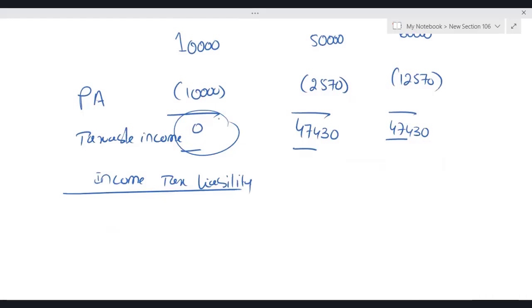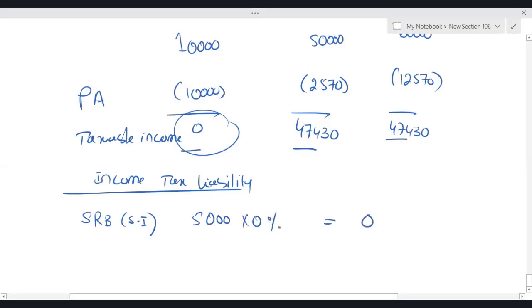It means that the entire 5,000 starting rate band is available for the saving income. So starting rate band, saving income, 5,000 at 0%. Obviously 0.